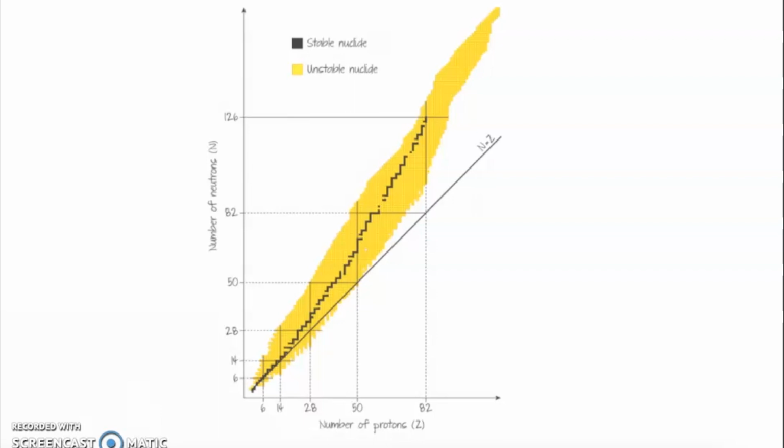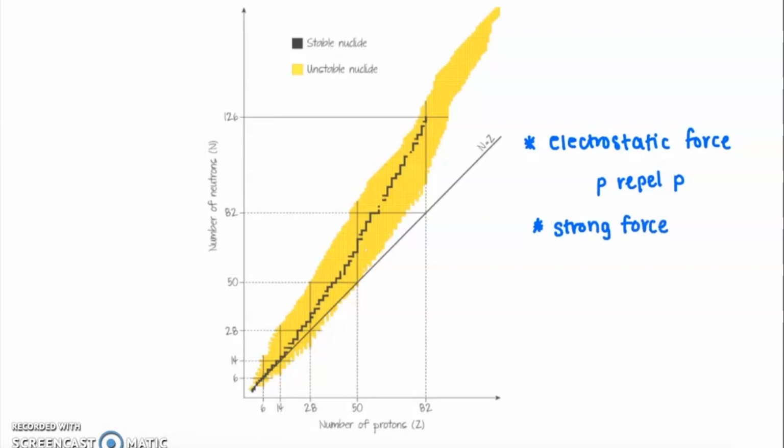And remember, when we're talking about stability of a nucleus, we're really referring to the electrostatic force, which would want to have the protons repelling protons. And then, of course, the strong force, which overcomes that electrostatic repulsion. That strong force is between protons and neutrons attracting to each other. So that attraction really holds that nucleus together.